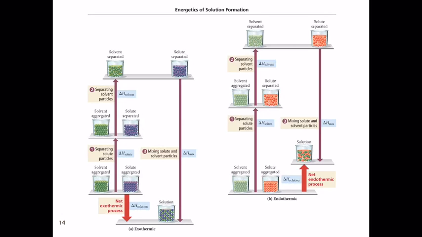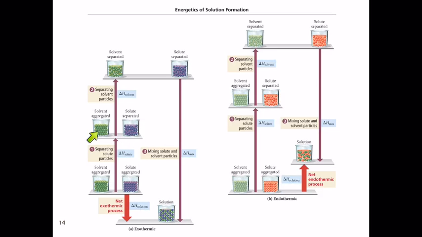So here are 2 examples. Here's an exothermic solution forming. So we start with the individual solvent and solute. And here they are aggregated, meaning they're stuck together by their forces that hold them together. The first step was separating the solute molecules. So that requires an input of energy to separate the solute molecules.